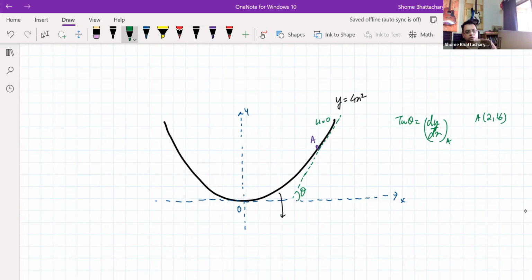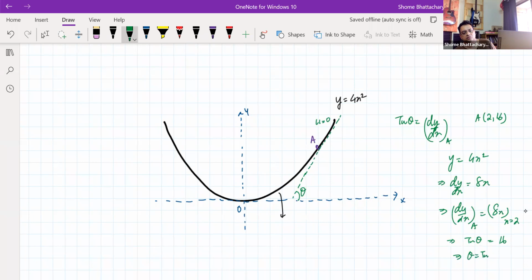So y is equal to 4x squared, so dy by dx is 8x. dy by dx at the point E is equal to 8x at x equal to 2. Interestingly, tan theta is equal to 16. So theta at that point is tan inverse 16, which will be quite a large angle. Hope I've got all the values correct so far.